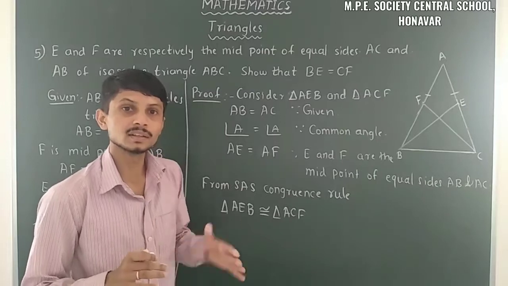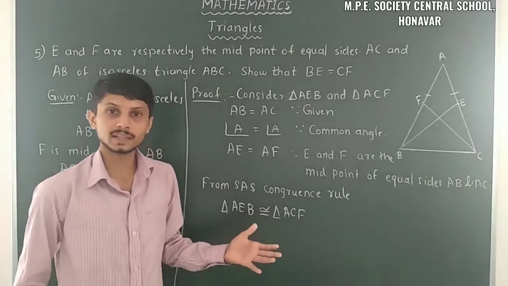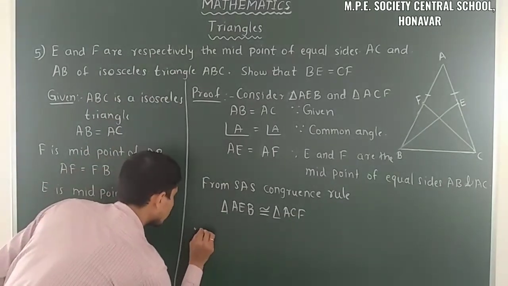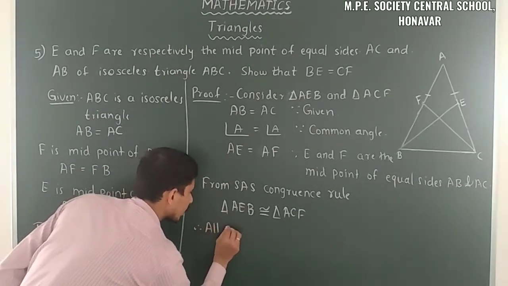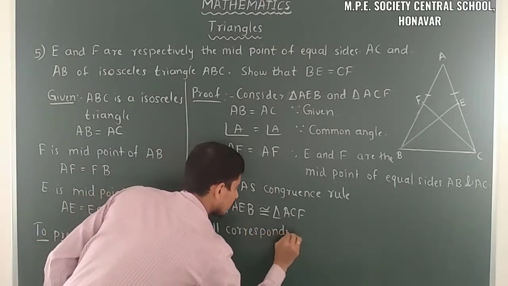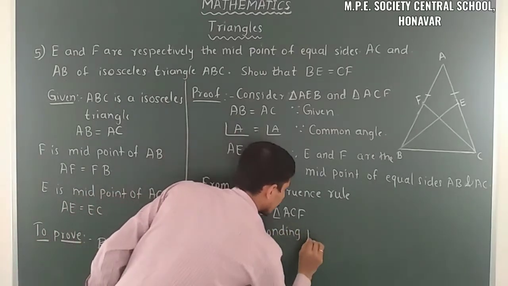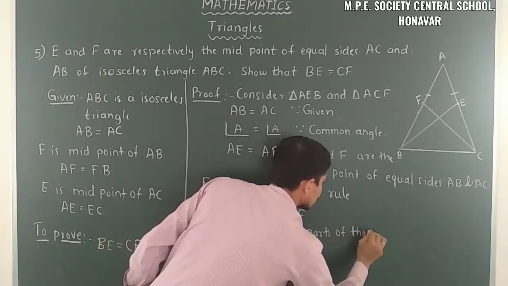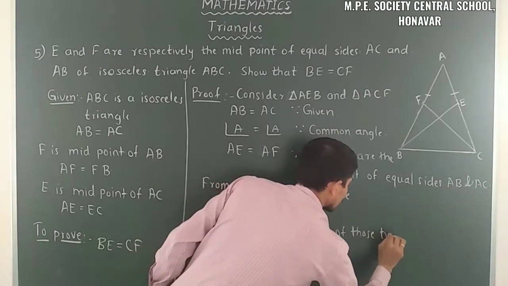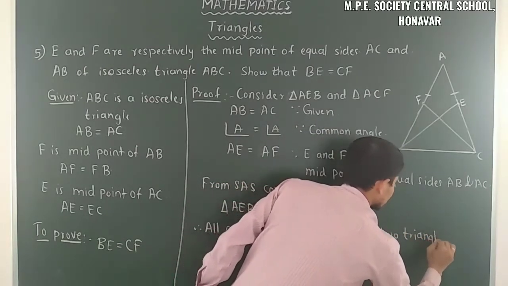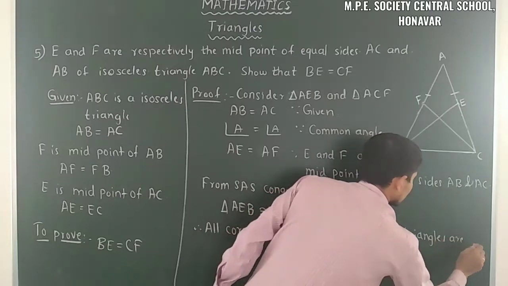All their corresponding sides and all their corresponding angles are the same. Therefore all corresponding parts of those two triangles are equal.